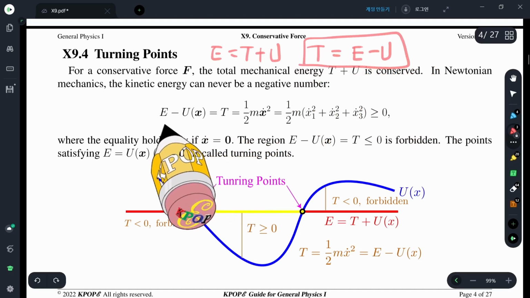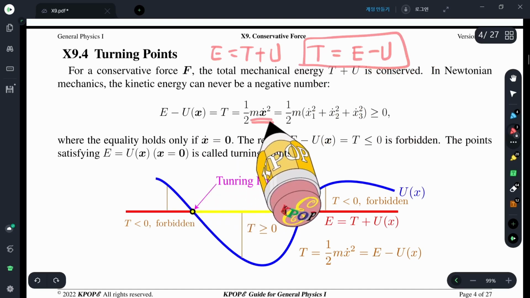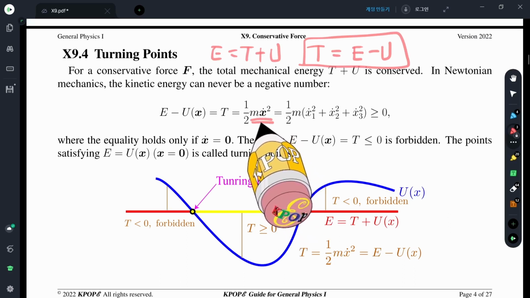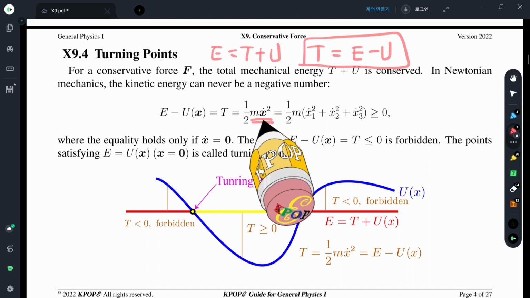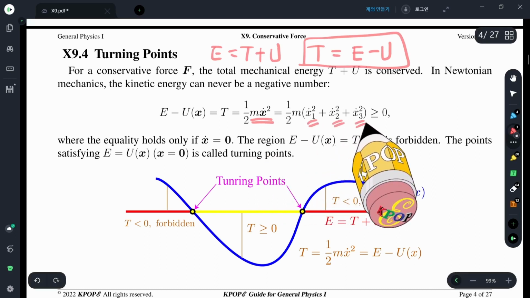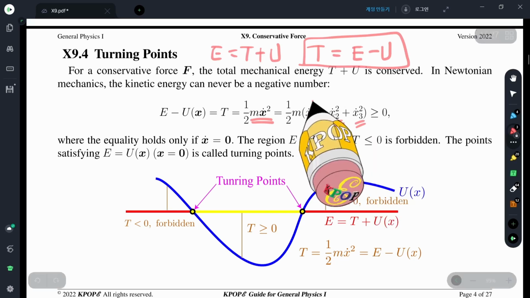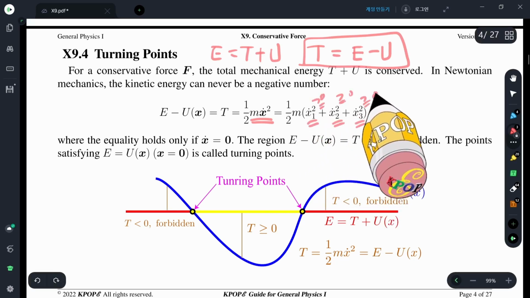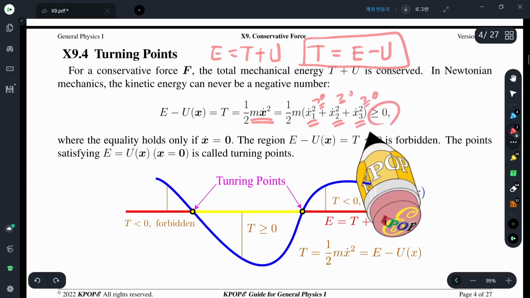But kinetic energy is expressed as one half m v squared, and Cartesian components can be used to evaluate this to be the sum of the x velocity, y velocity, z velocity squared. So everything is non-negative. Therefore, it is non-negative.